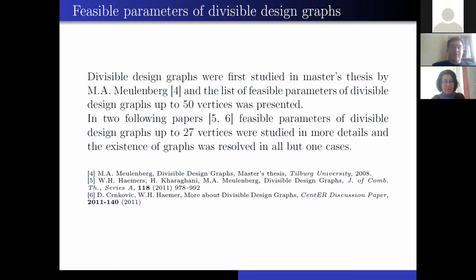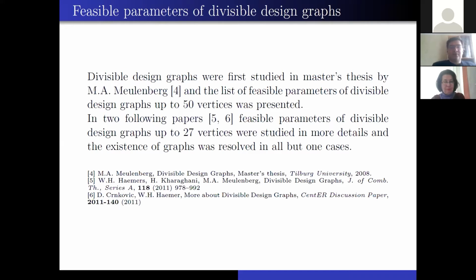In two following papers, the one Vladislav Vladimirovich Kabanov talked about some minutes ago by Haemers, Kharaghani, and Meulenberg, and another one by Haemers and Sinkovic, feasible parameters of divisible design graphs up to 27 vertices were studied in more detail, and the existence of graphs with such parameters was resolved in all but one cases.